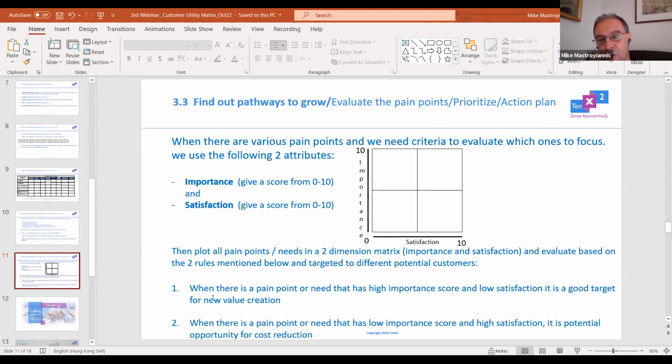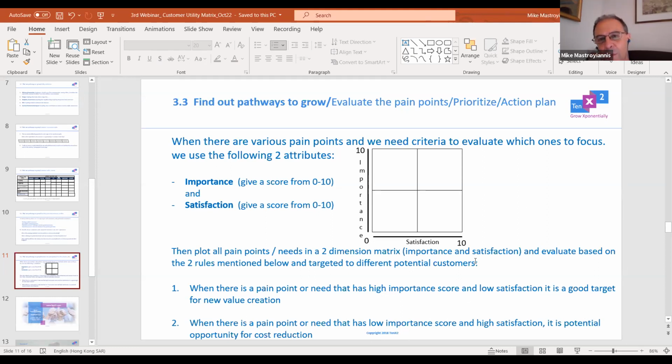And then we have two rules of thumb. The first one is we say whenever there is high importance score and low satisfaction, then this pain point will be a very good target for new value creation. Whenever there is a pain point or need that has low importance score and high satisfaction, there is potential for cost reduction.